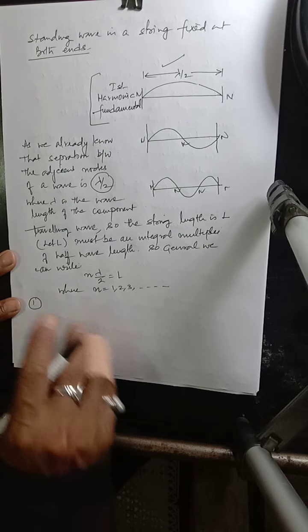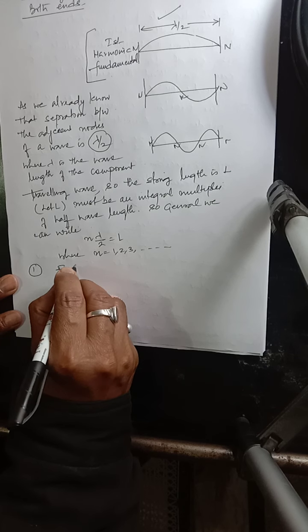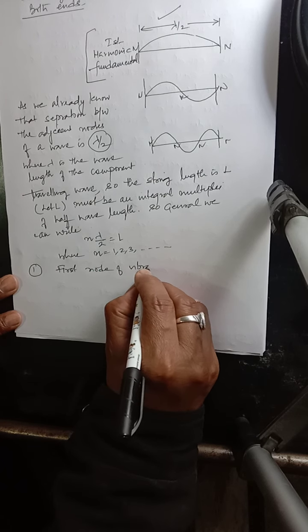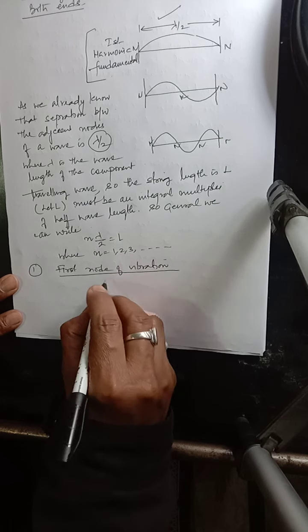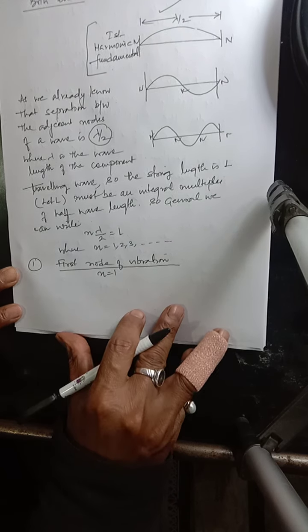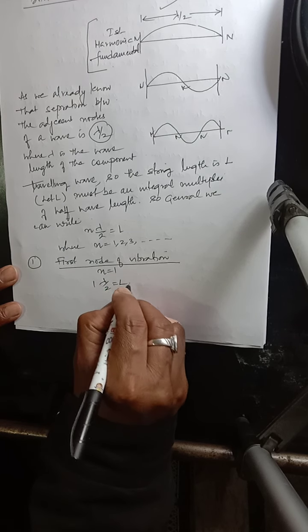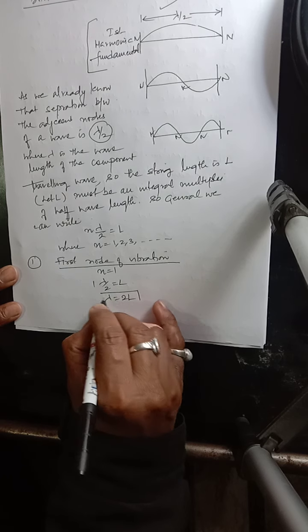Now we'll talk about the first mode of vibration. For the first mode, n is equal to 1, and we put this value in the equation. So 1 lambda by 2 is equal to L. It means lambda is equal to 2L.